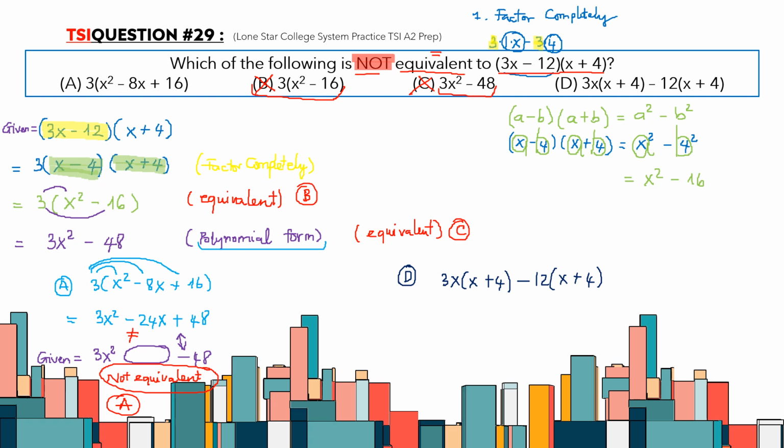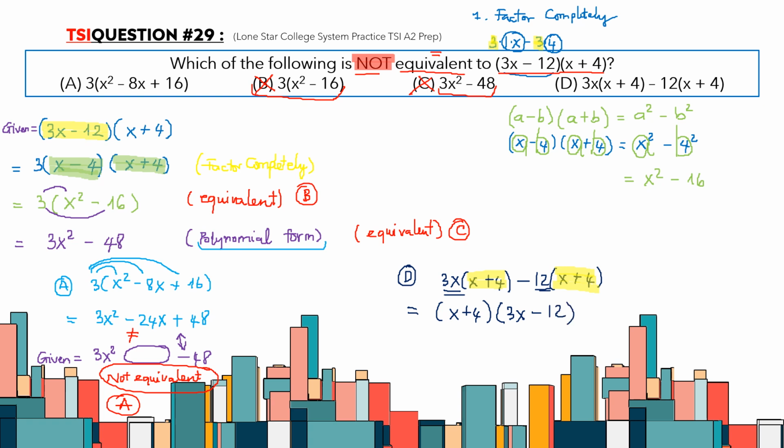The first term has x plus 4, and the second term also has x plus 4, so we can make it the common factor. We factor it out. So we have x plus 4, open parenthesis. When we take the x plus 4 out, we are left with 3x, and then the next one is minus 12.